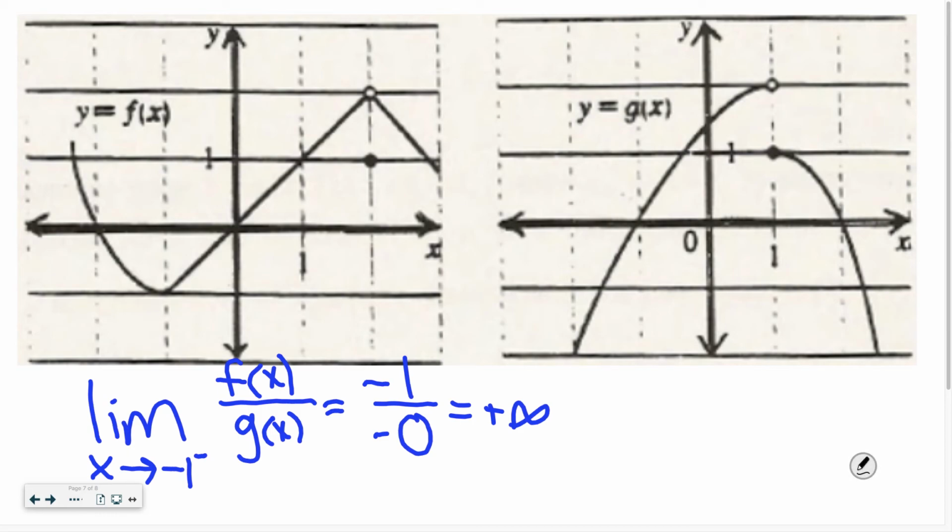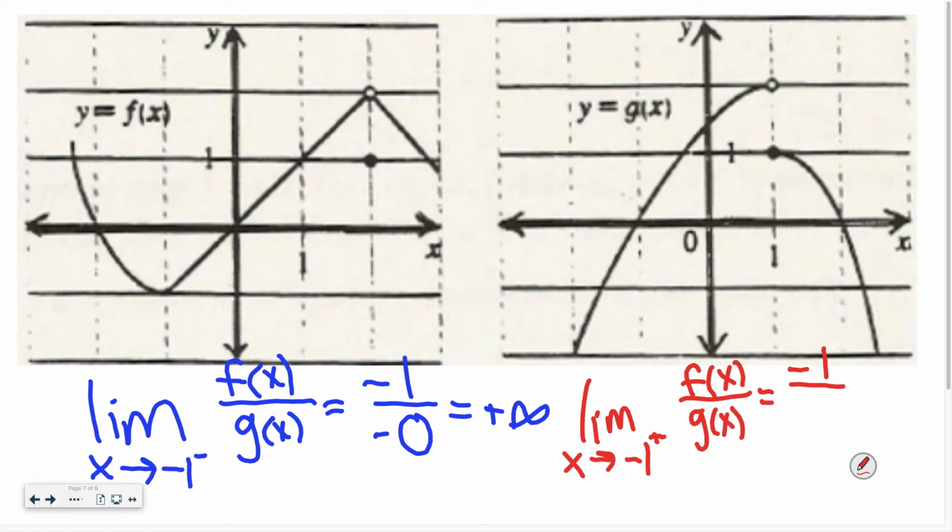Okay, next, I want to look at the limit as x approaches -1 from the right of f of x over g of x. Now, as we approach -1 from the right on f, we still have a y value of -1.